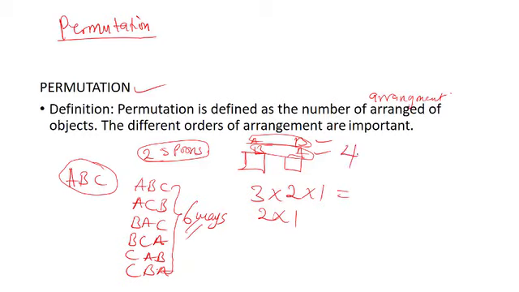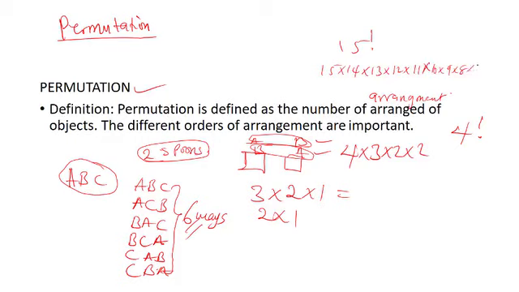When you have 4 times 3 times 2 times 1, it means you're multiplying from 4 downwards. If you have 15 downwards, it means 15 times 14 times 13 times 12 times 11 times 10 times 9 times 8 times 7 times 6 times 5 times 4 times 3 times 2 times 1.